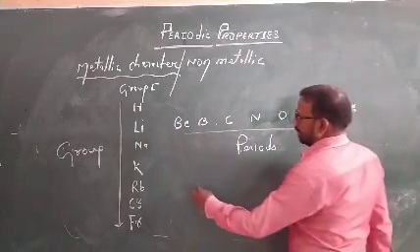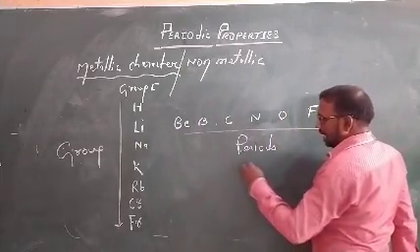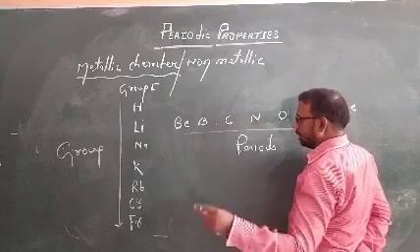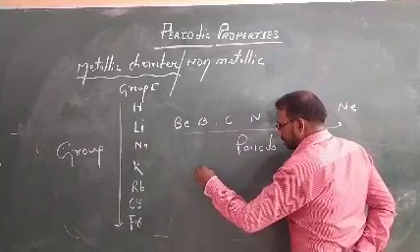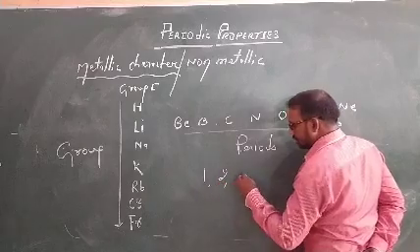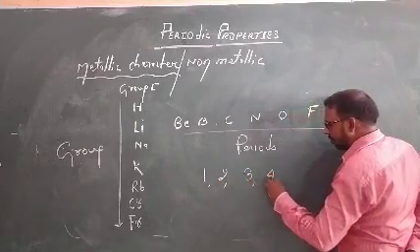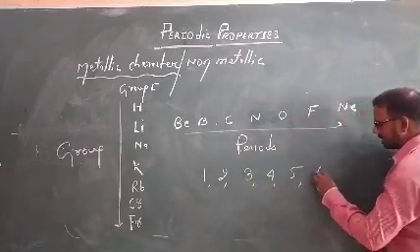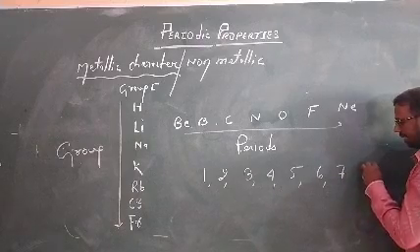Suppose you are writing an electronic configuration. Suppose they have valence electrons 1, 2, 3, 4, 5, 6, 7 and 8.